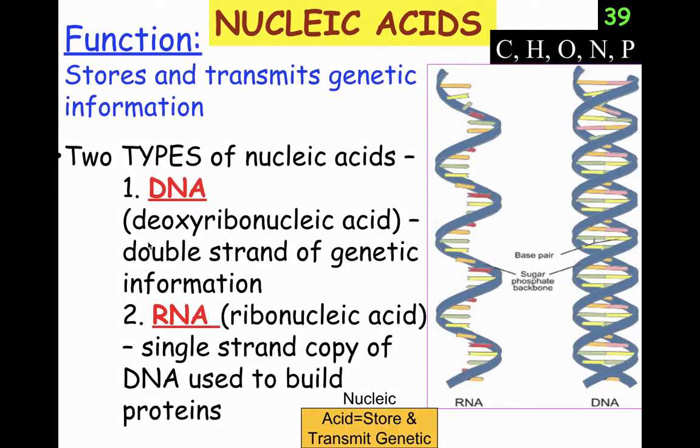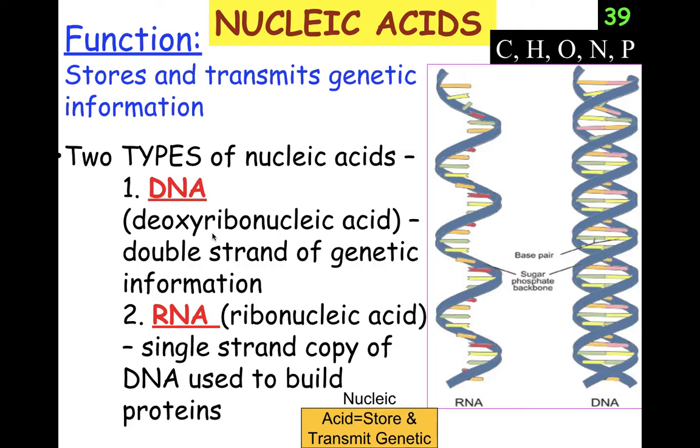Okay? So nucleic acids, they have one function. It stores and transmits genetic information. There are two kinds of nucleic acids. There's DNA, which you've obviously heard of before, but you should know what it stands for. It stands for deoxyribonucleic acid.